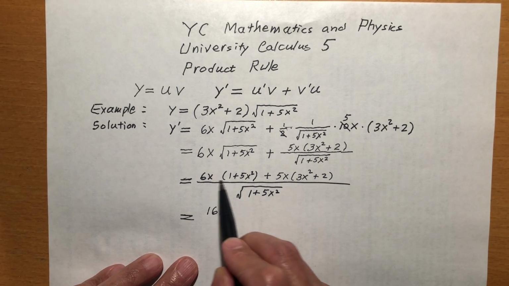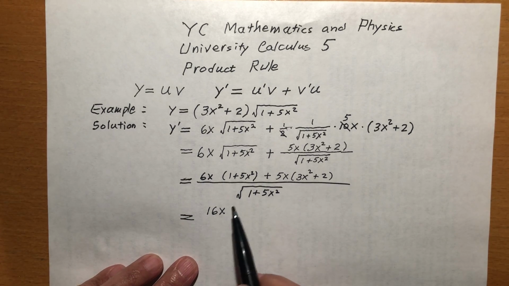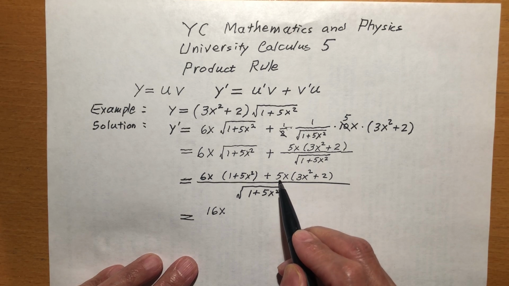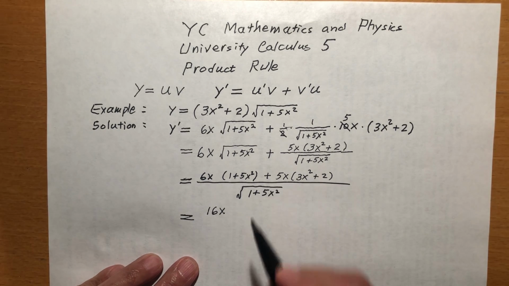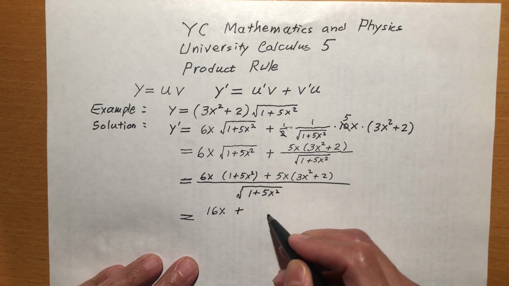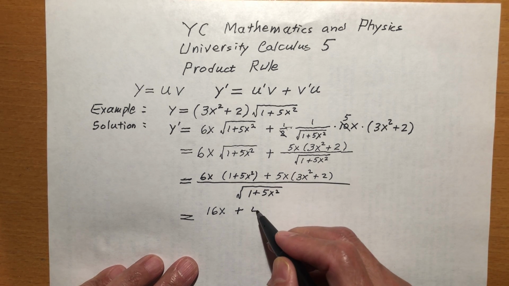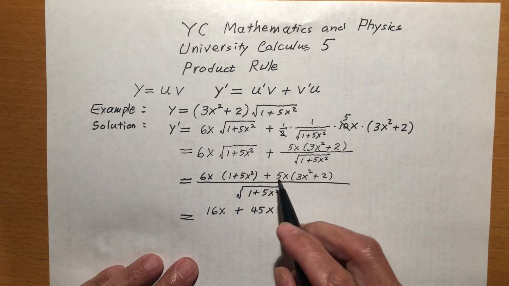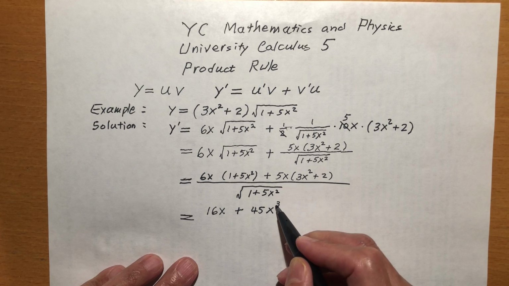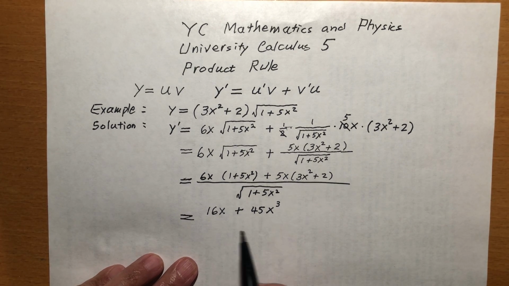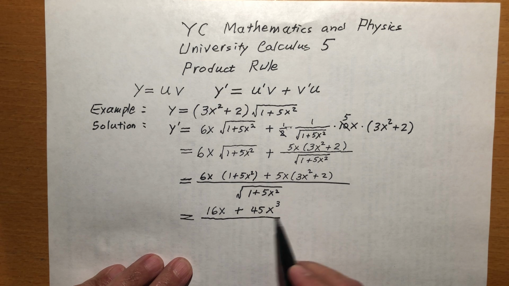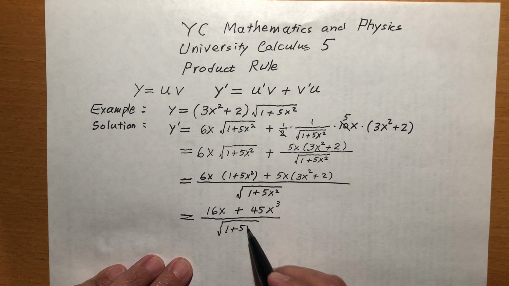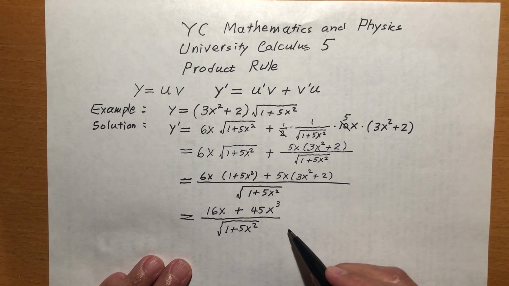So 5 times 6 is 30. 30x cubed. And this is 15x cubed. So you add them together, 30 plus 15 is 45. x cubed. And then the denominator, so this is finally our answer.